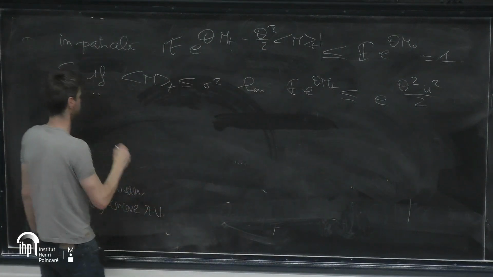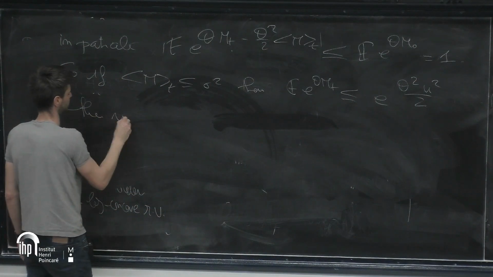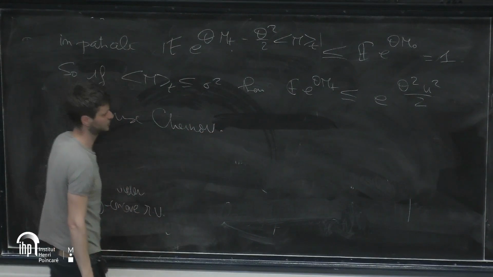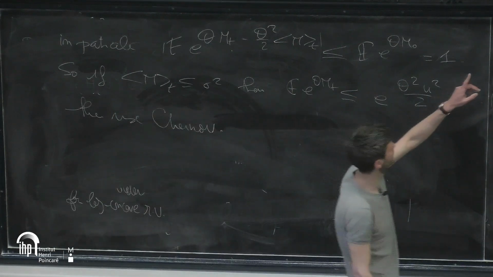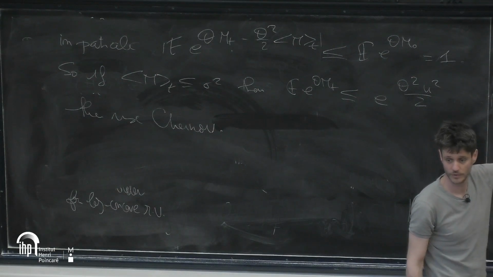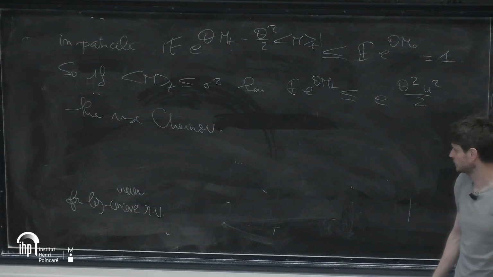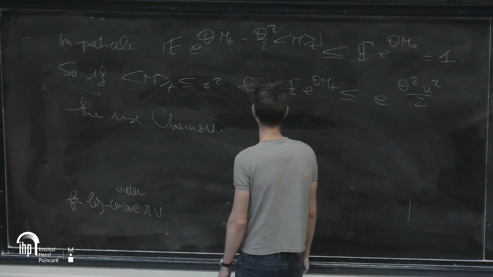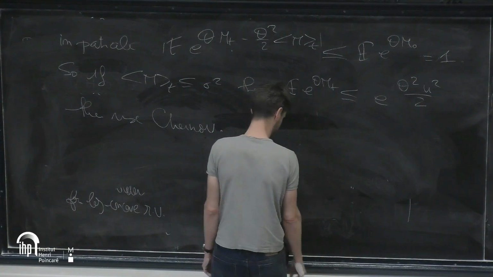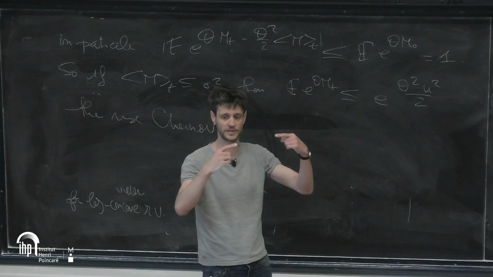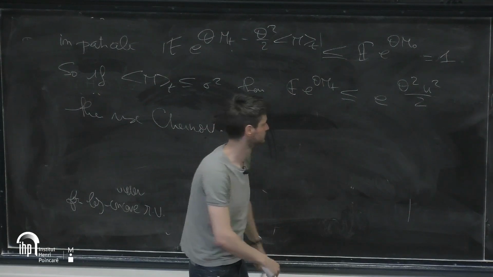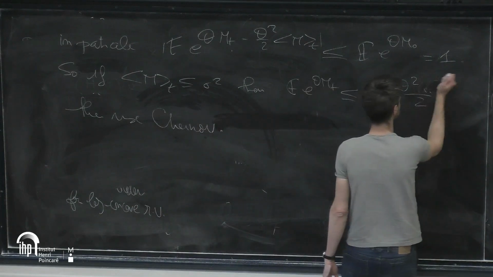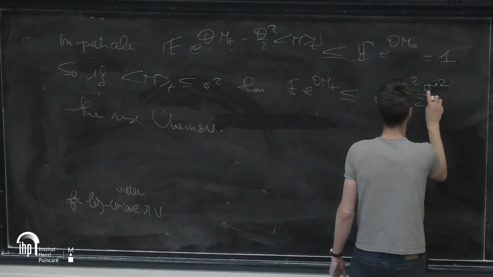and then use Chernoff. What I call Chernoff is Markov to the exponential.